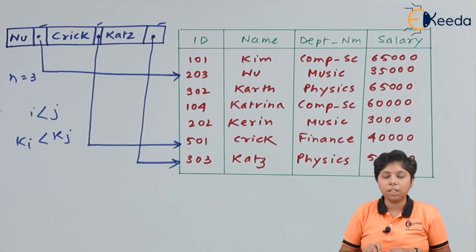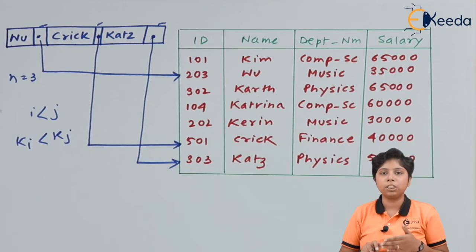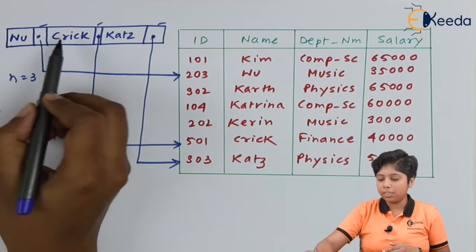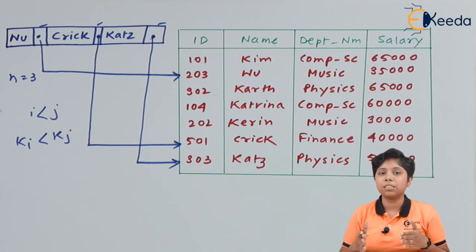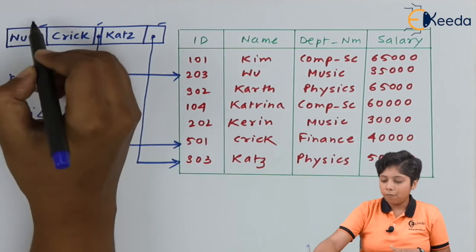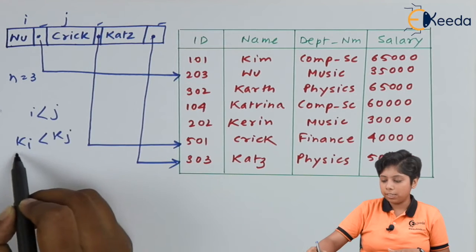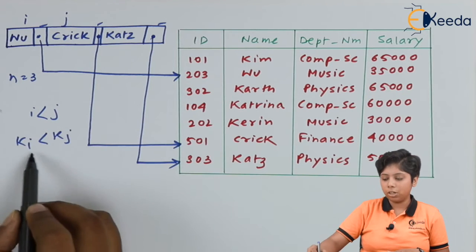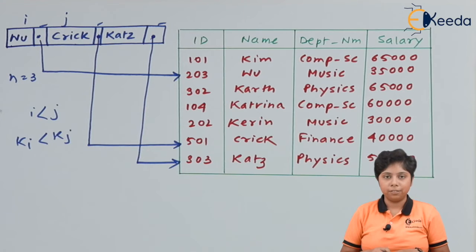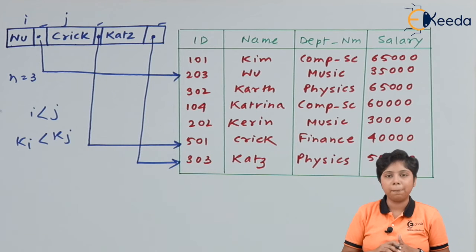That means the search key i is less than search key j. So W is not less than C, hence it cannot move to the left of C. Now let us create a multi-level or non-leaf index on that particular B plus tree.